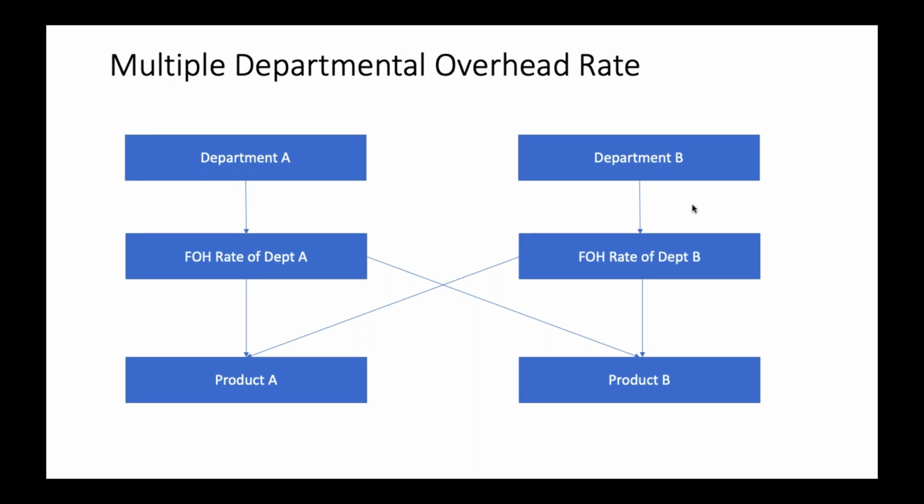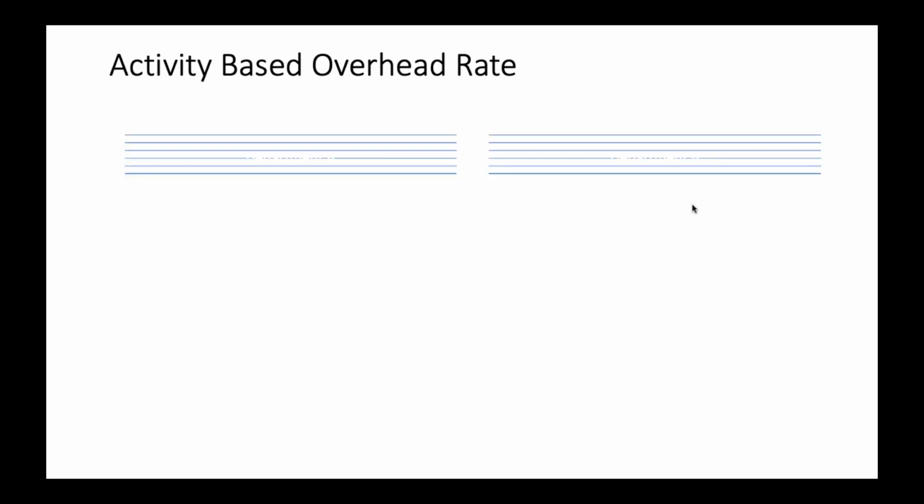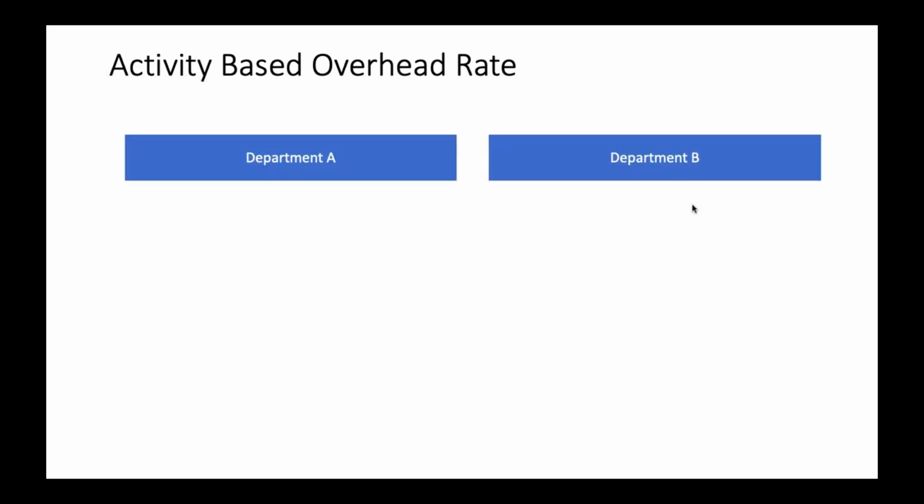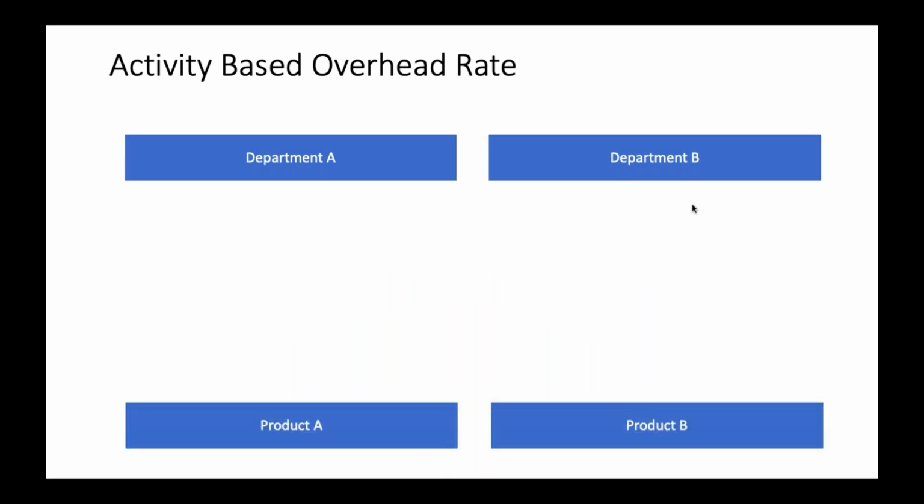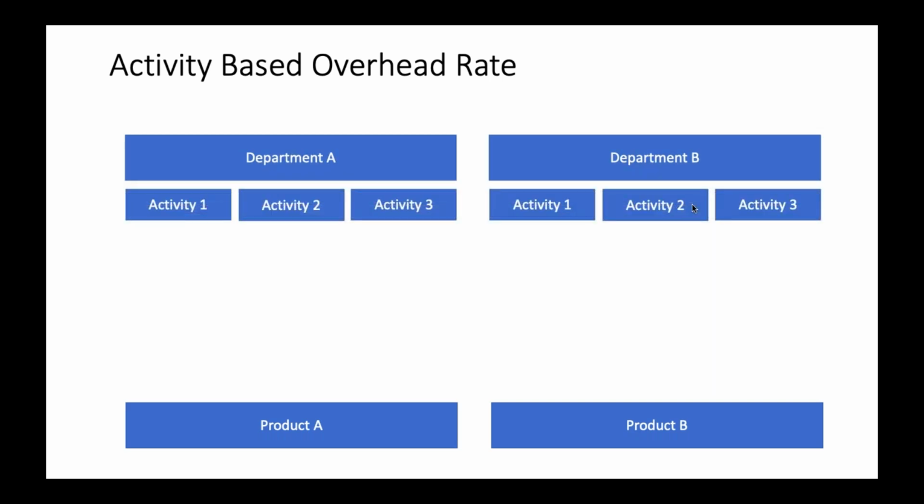Now, let's compare this to activity-based costing. In activity-based costing, we may also have several departments. And say, for example, we are also producing at least two products A and B. In each department, we have different activities. We have activity 1, activity 2, activity 3 in each department.